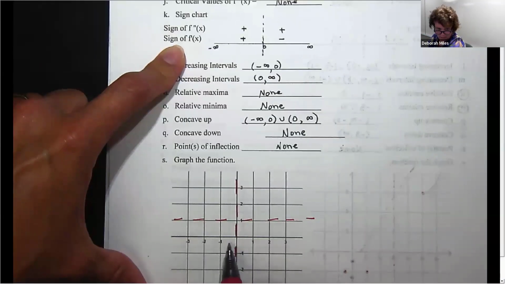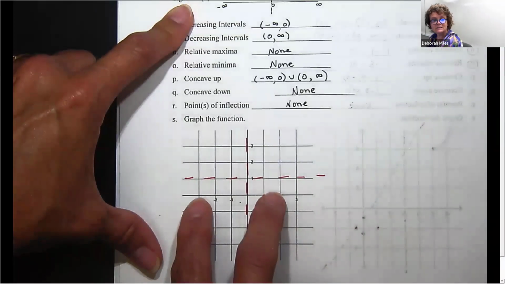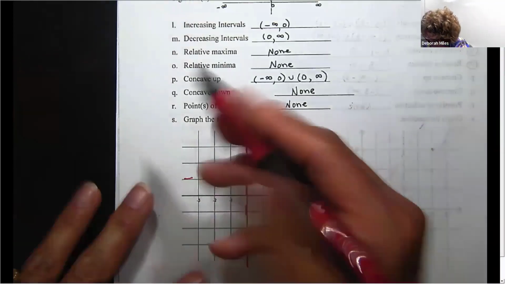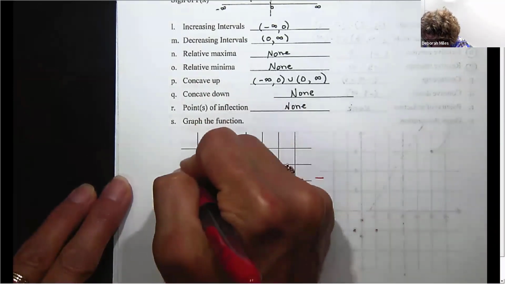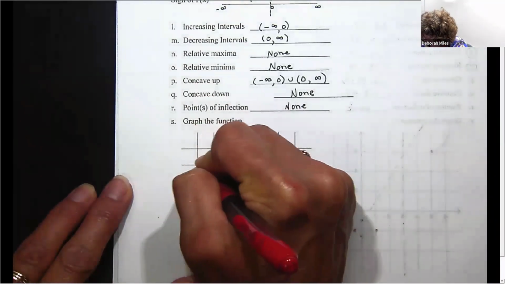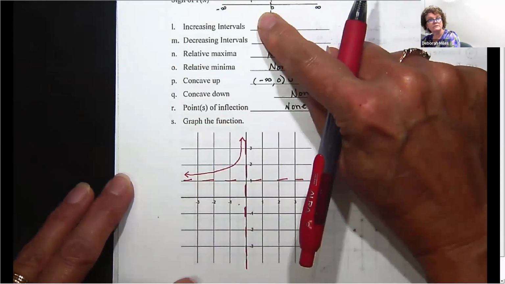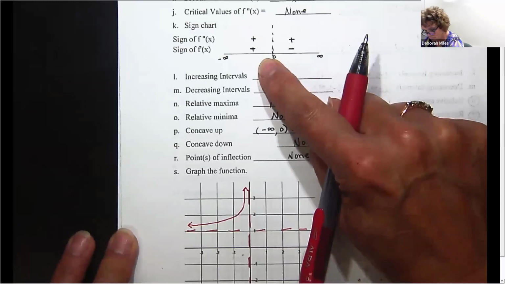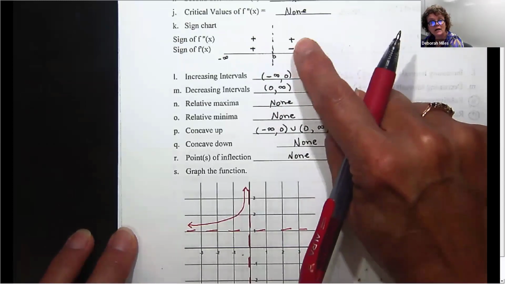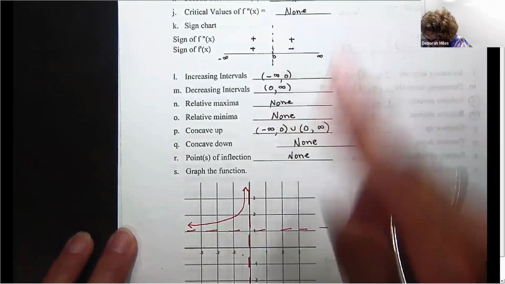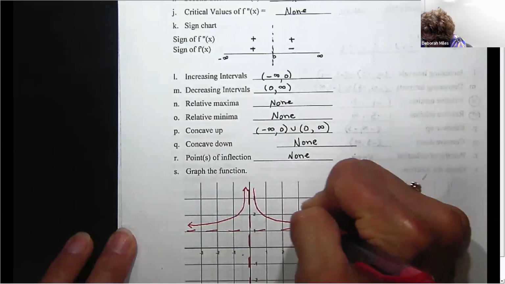We know we don't have any x-intercepts, so no part of this graph is below the x-axis, or excuse me, below the horizontal asymptote. Here's our increasing, concave up to the left of 0, and decreasing, concave up to the right of 0. Here's decreasing, concave up.